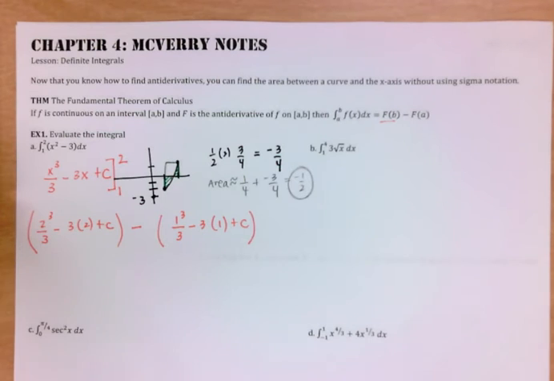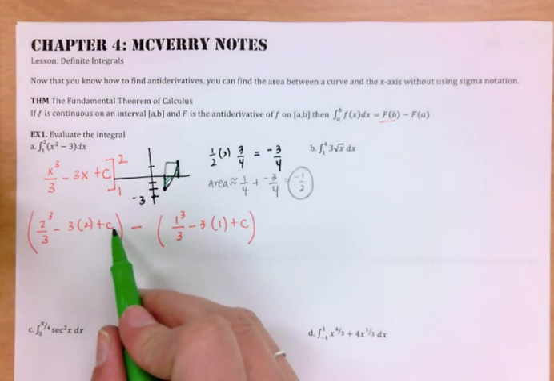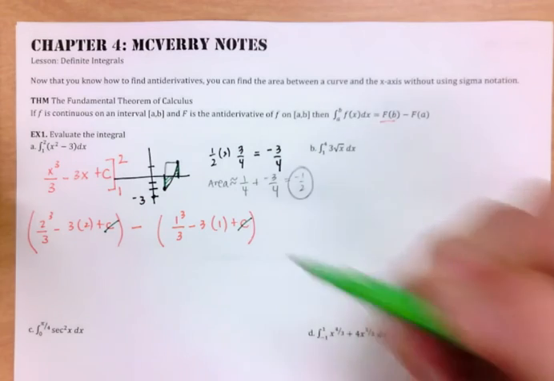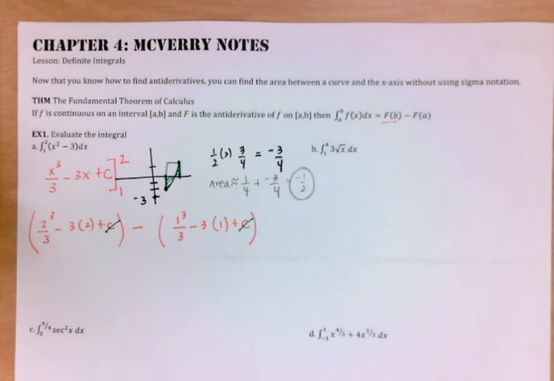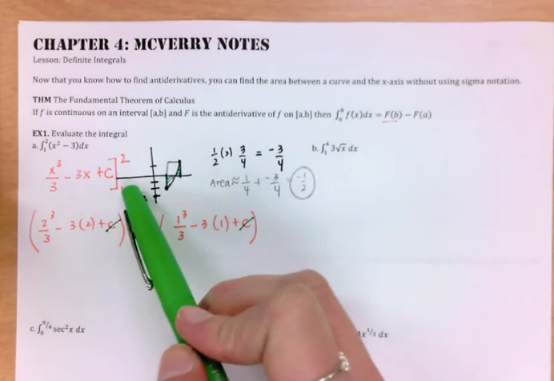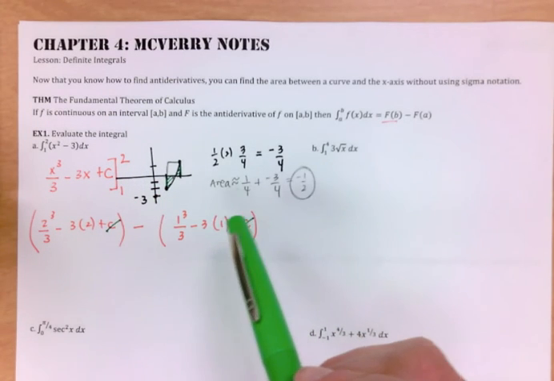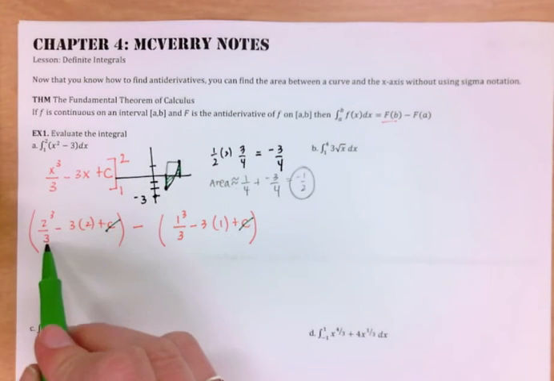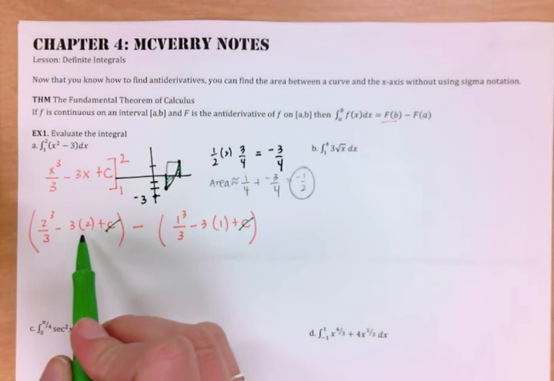Looking at this algebra, we're just plugging in those numbers. I can see that a few things cancel. Like this c minus c, they would be gone. So your constants of integration actually end up canceling when you have numbers here. That would be a c and a minus c. So then here we would get 8/3 minus 9.